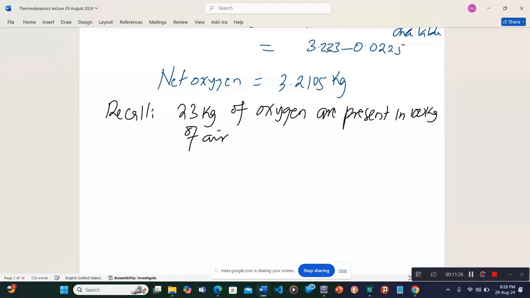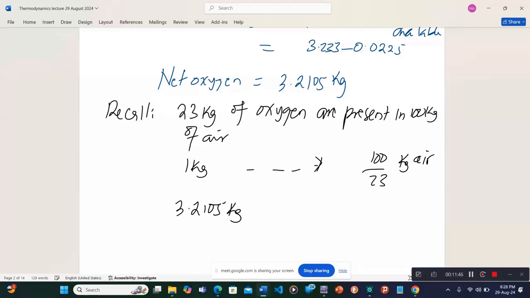So what about 1 kilogram? 1 kilogram will be present in 100 divided by 23 kilograms of air. Then what about this 3.2105 kilograms?